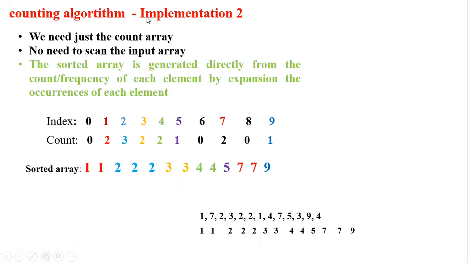There is another implementation of the counting algorithm. I will not modify the count array here. We just need the count array, and we do not need the input array. Here, 0 needs no insertion in the sorted array. 1 is repeated 2 times.